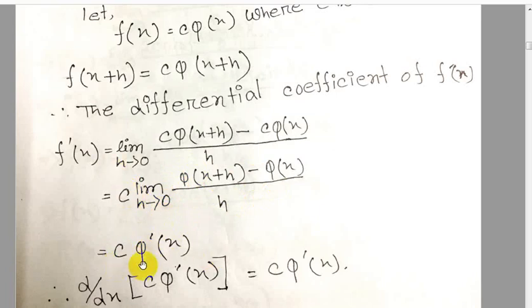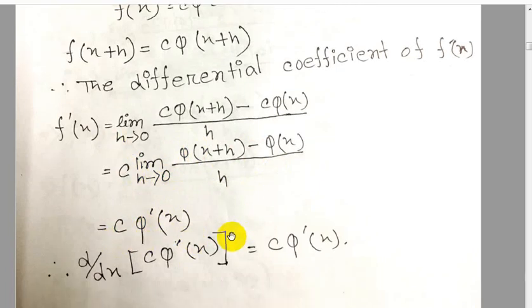Therefore it has become c phi prime x. That means if we want to take the differential coefficient of the product of a function and a constant, excuse me, there should not be any prime over here. It should be c phi of x. This will come out as c phi prime x. So d/dx of c phi of x is equal to c phi prime x.